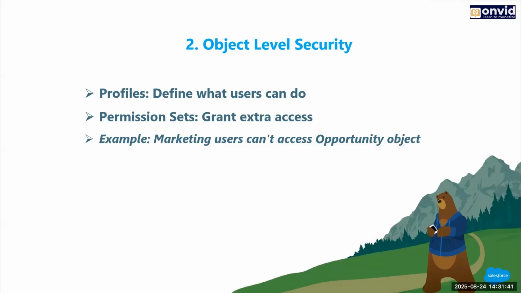Let's say Gen AI. In order to use Gen AI on our Salesforce platform, I'm giving you a real-time business scenario of how we are handling this in our company. If a user has Gen AI licenses, that means they can use Gen AI features, simple as that.